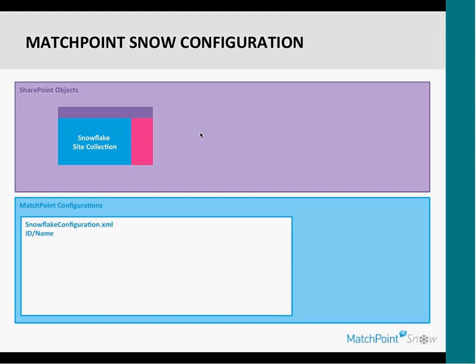Also, we have the Snowflake site collection or the Snowflake root site. One important thing within the MatchPoint Snow configuration file is that first we have to specify the URL of that site collection so that MatchPoint Snow knows where a snowflake is located. And we also specify the navigation nodes displayed in the top of that little box and the contextual actions that are displayed on each of the landing pages.